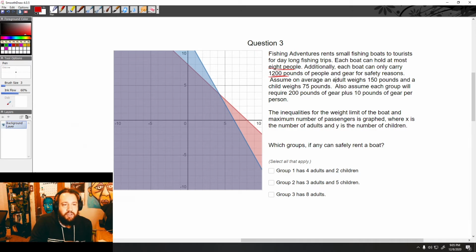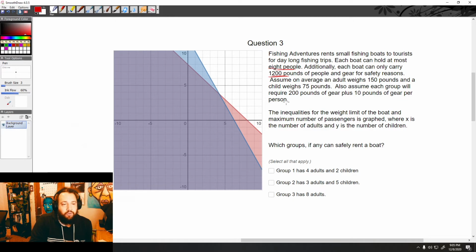Assume on average that an adult weighs 150 pounds, and a child weighs 75 pounds. Also assume each group will require 200 pounds of gear plus 10 pounds of gear per person.